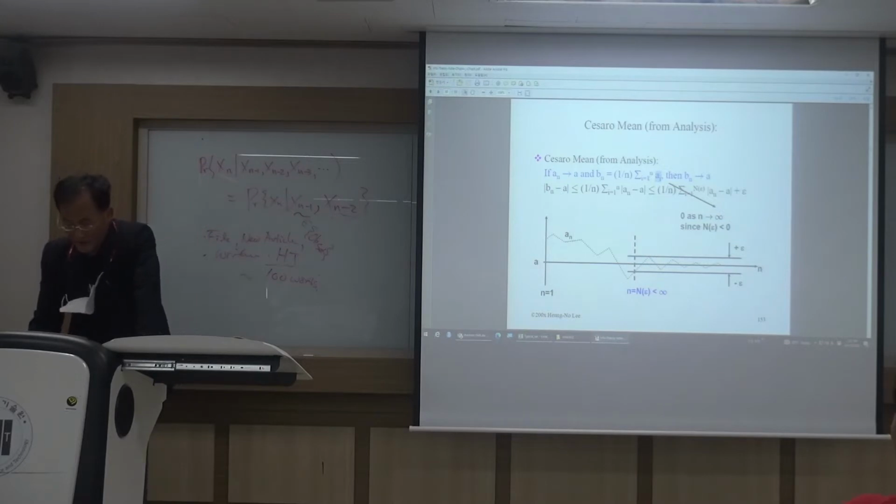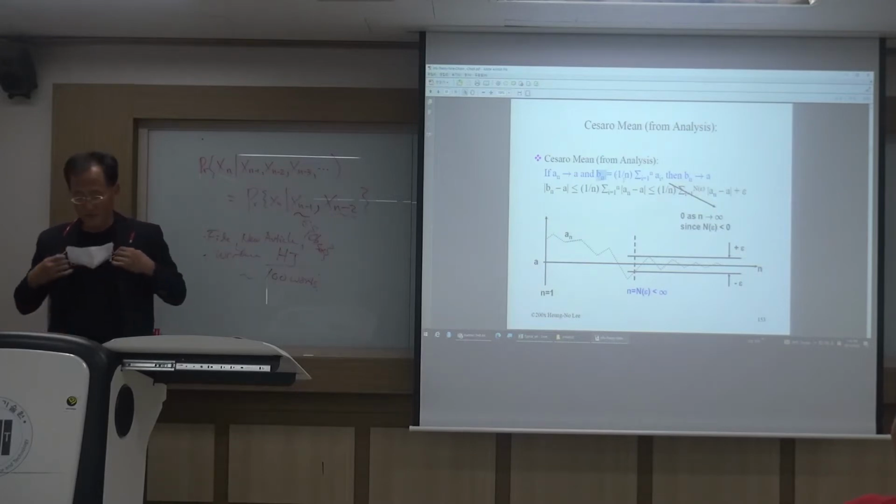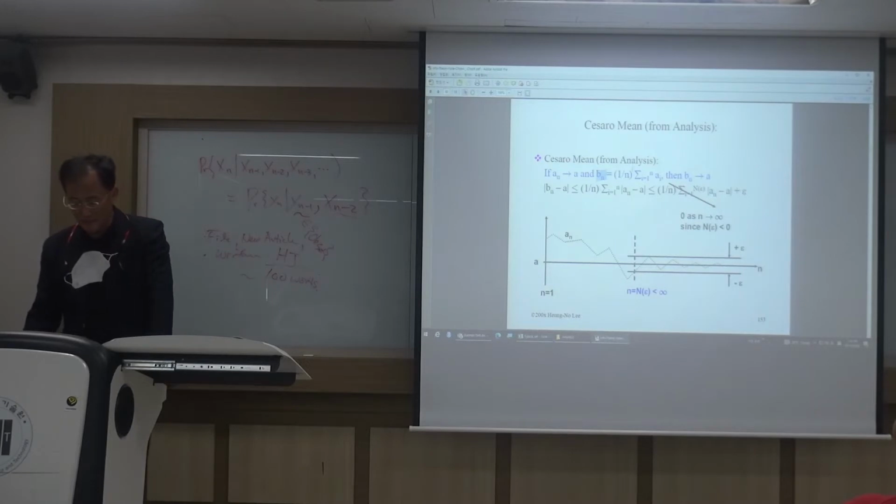We want to show that if P is true, then Q: if An converges to A, then Bn converges to A as well. We can show it, and it is very easy. Just by understanding this picture, we can understand the proof.